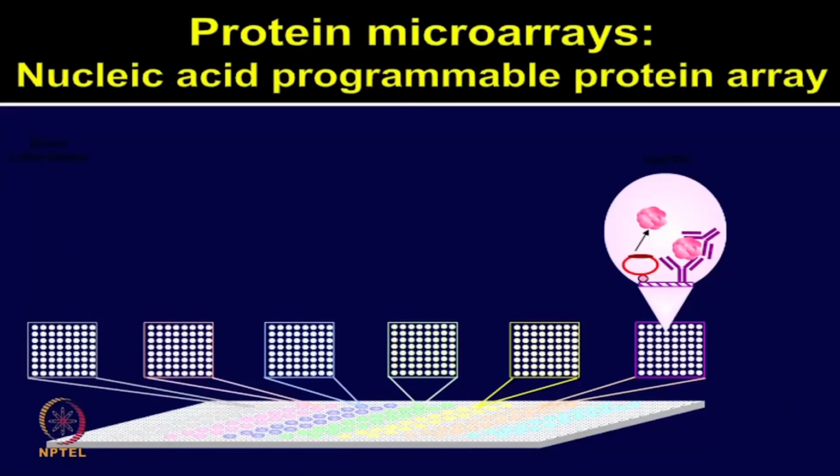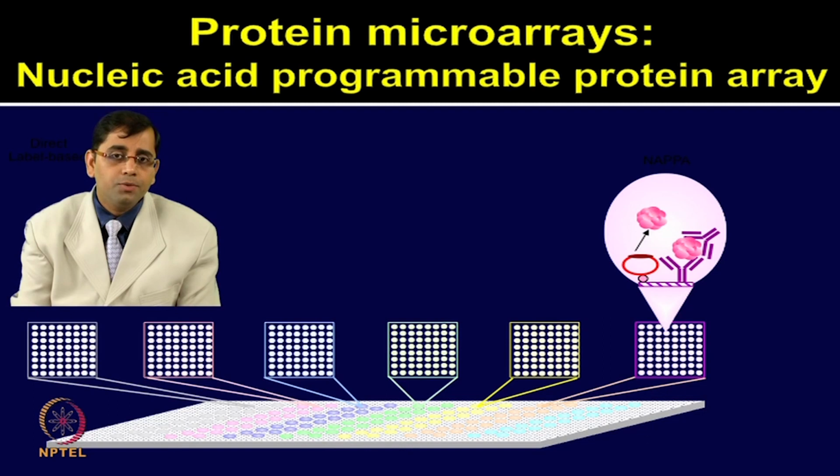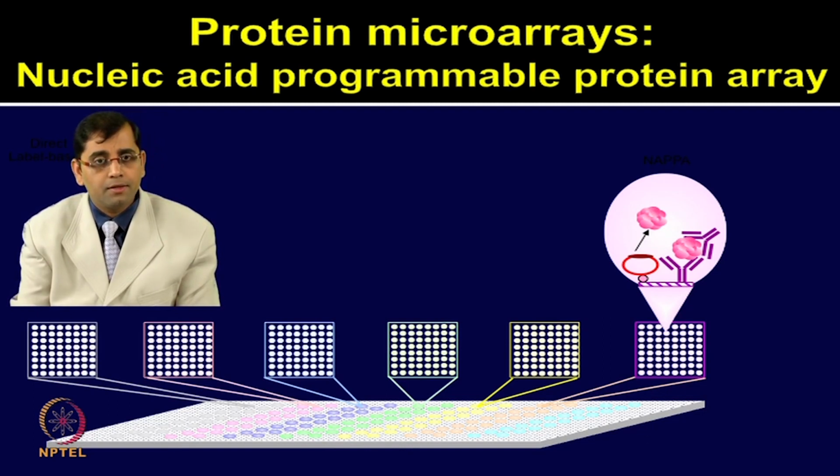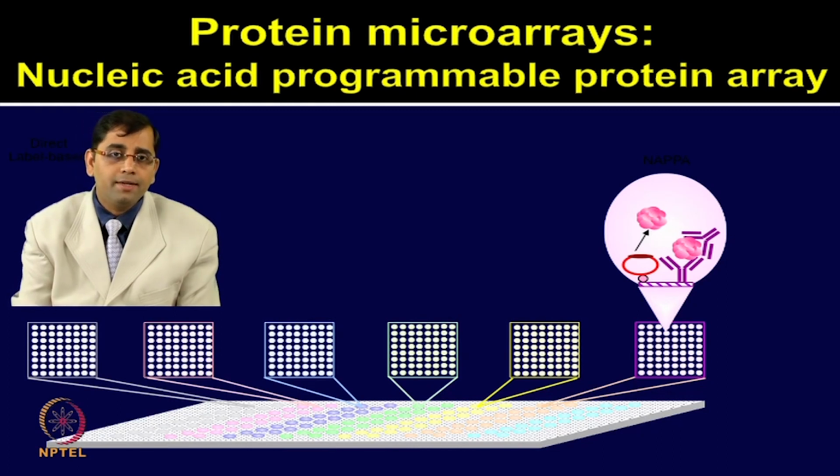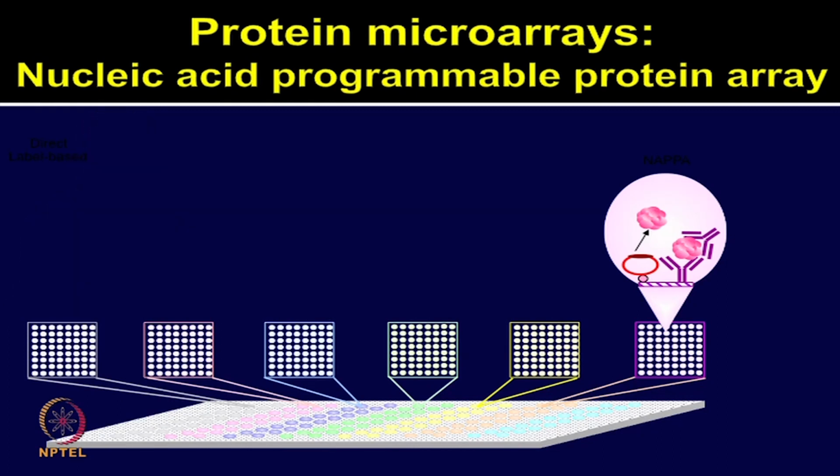Due to the challenges involved in purifying the proteins or synthesizing the peptides, scientists have also explored ways to eliminate protein purification steps. Dr. Josh LaBaer's group at Harvard developed nucleic acid programmable protein arrays, or NAPA, in which cDNA containing a GST tag is printed on the array surface.